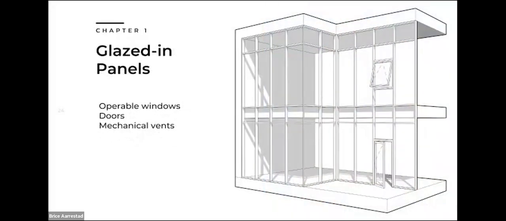The next part is, what are the glazed-in panels? Similar to a conventional curtain wall, we can do operable windows, doors, mechanical vents, a lot of different glazing panel types: opaque panels, spandrel panels, glass of 2 and 3 panes.